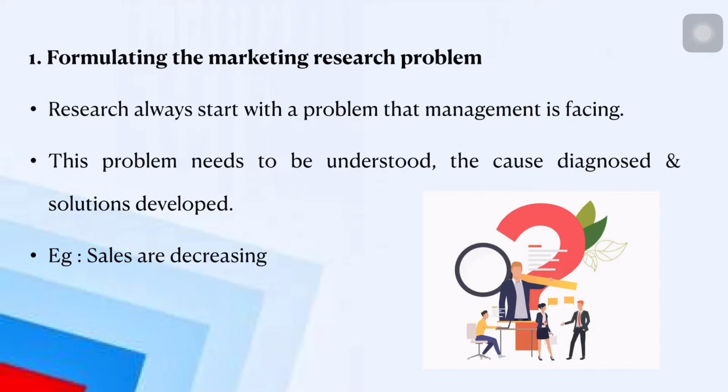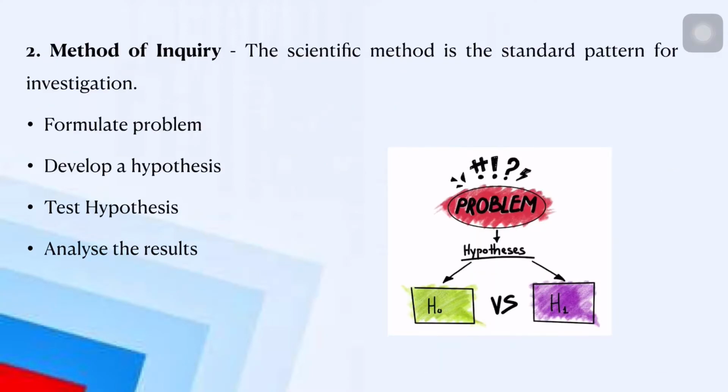So we try to analyze why the sales are decreasing. Are customers shifting to the competitor's product? What is it that the competitors are offering that we cannot? Is it the quality? Is it the pricing? Is there some issue with our promotion strategies? So we need to look into those areas and find a solution to increase our sales.